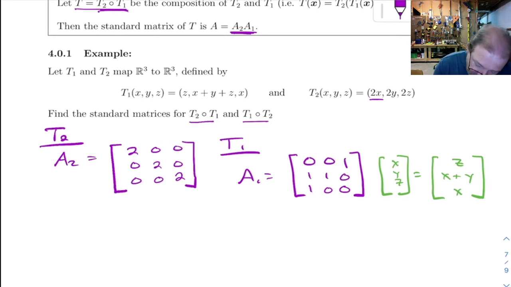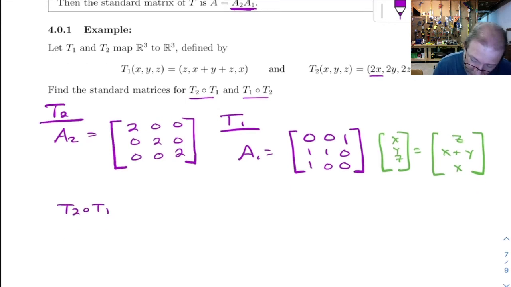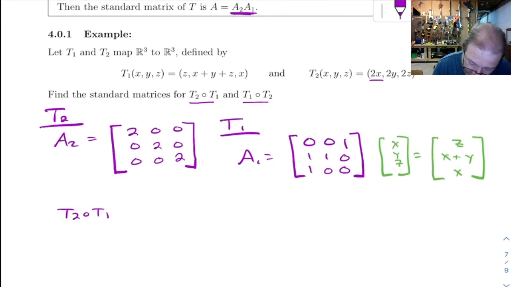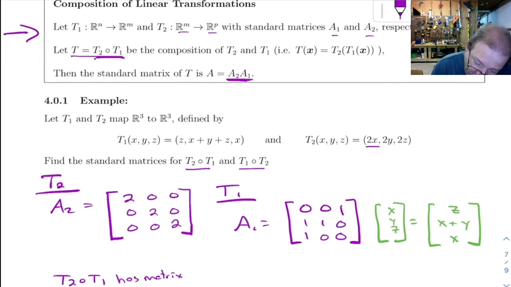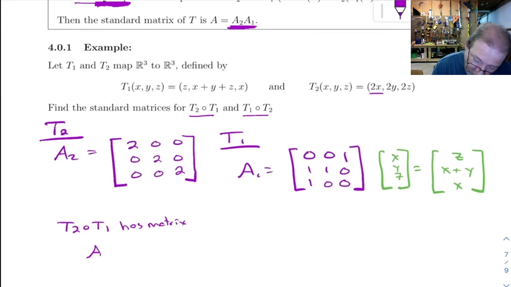So the standard matrix for T2 after T1, we've got to multiply these together. So this has matrix A. And notice the order stays the same throughout. So T2 of T1, that's A2 times A1.